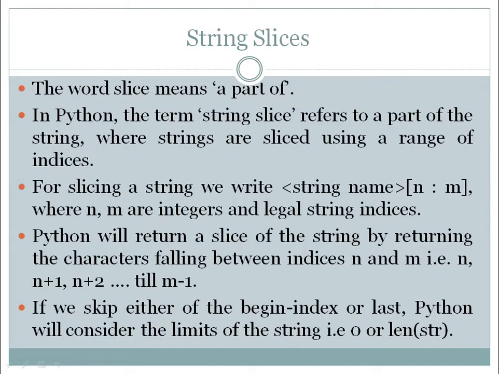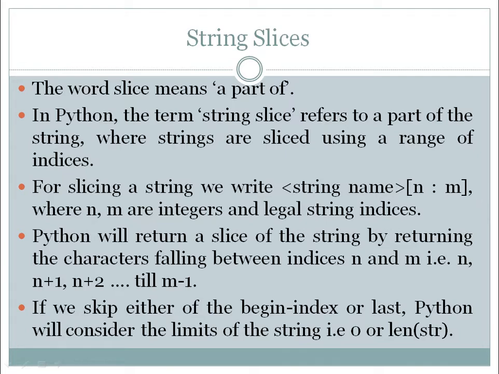Now the next topic is string slices. Slice means a part of. In Python, the term string slice refers to a part of the string. Here, the strings are sliced using a range of indices. For slicing a string, we write the string name, and in square brackets we provide a range n:m, that means from index number n to m.